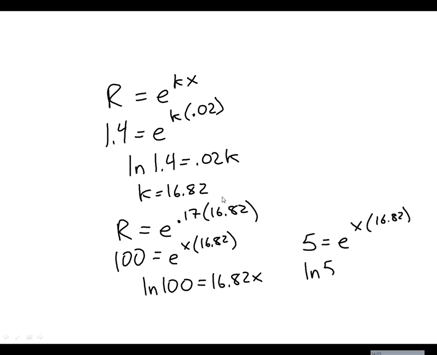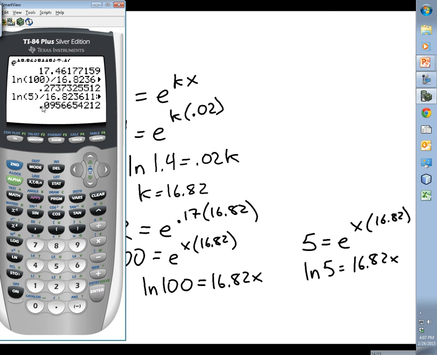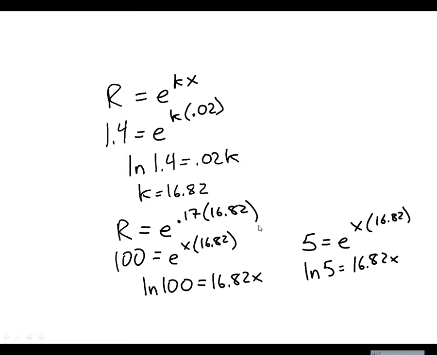Natural log of 5 is 16.82x, and go ahead and plug that in. Natural log of 5 divided by 16.82, and we have a blood alcohol content of 0.095665. That's slightly higher than the current legal limit. So the legal limit is slightly lower than a relative risk of 5, sorry.